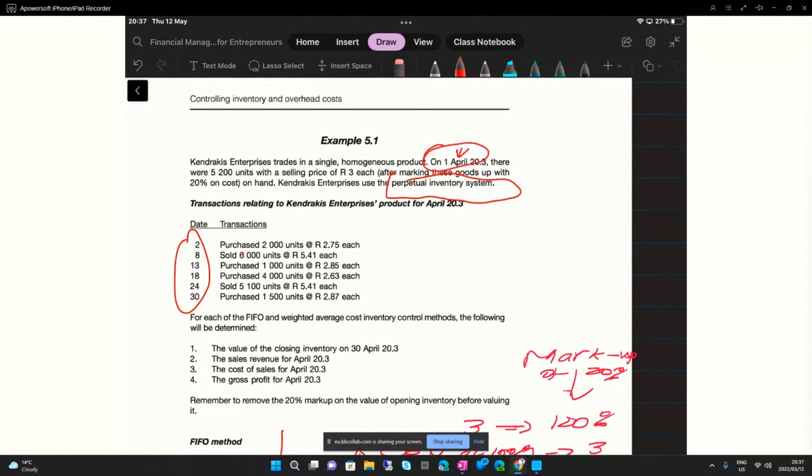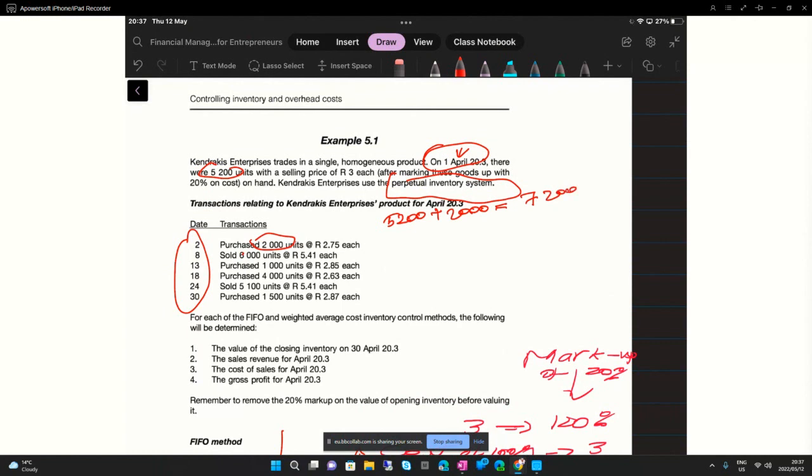So always read properly the given of a particular case scenario. On the first there were 5,200. On the second, 2,000 more were purchased. So 5,200 plus 2,000 more gives you 7,200.